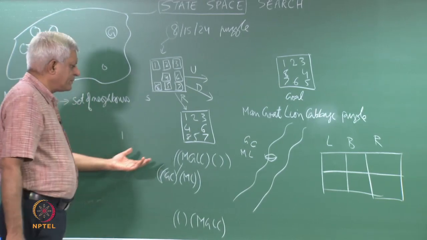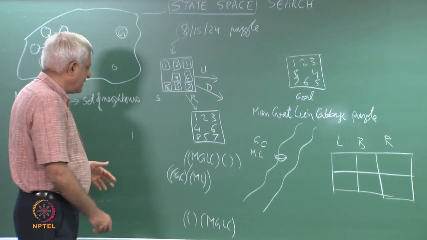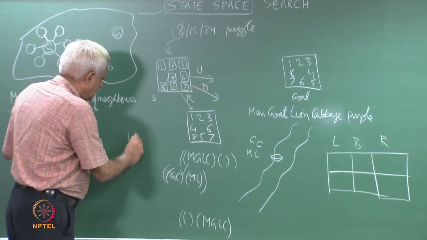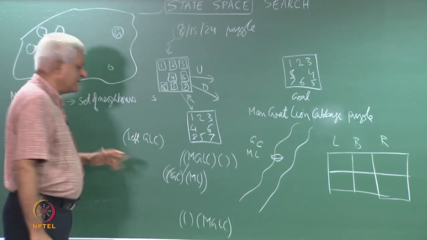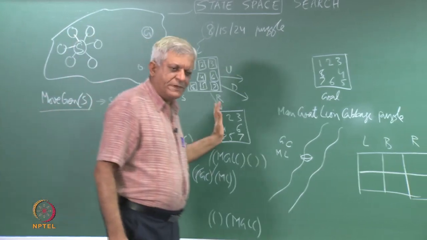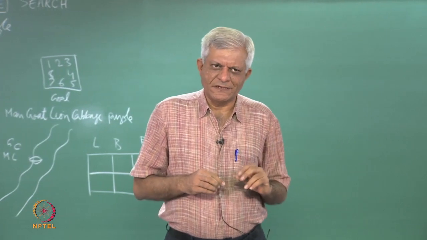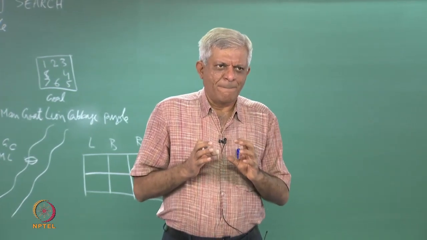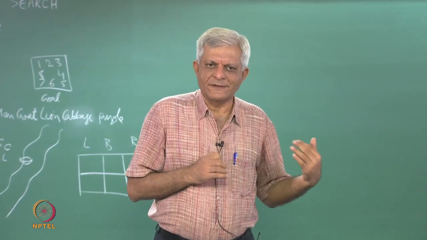Let us say I do not represent the man, I am just trying to explore different possibilities. I just say left, G L C, and this is my representation. What I mean by this is the boat is on the left hand side, which means the man is also on the left hand side, and along with the man there is the goat and the lion and the cabbage alongside.